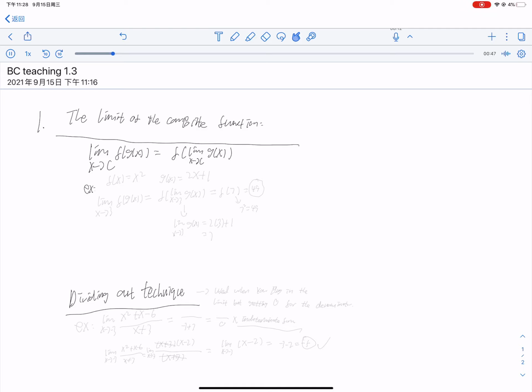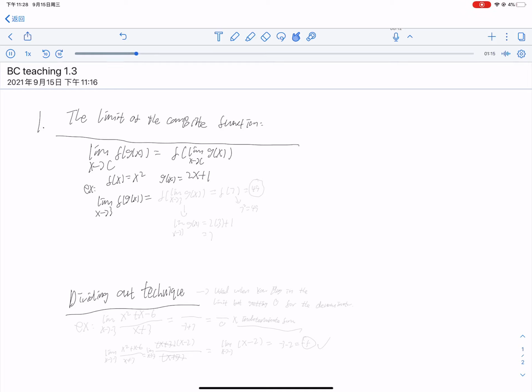So, example, f of x is x squared, and g of x is 2x plus 1. And let's do an example, the limit as x approaches 3 of f of g of x. And this is according to the equation above.